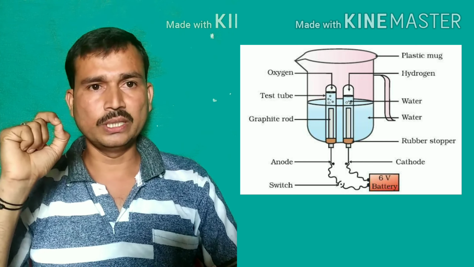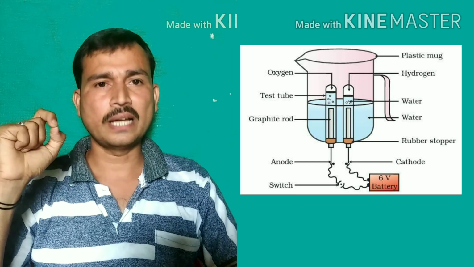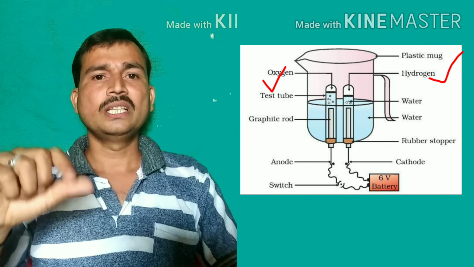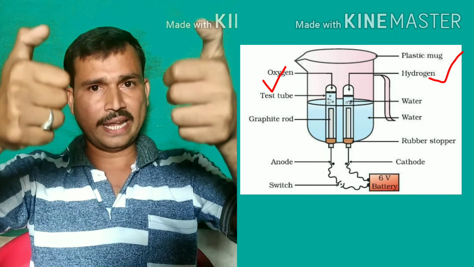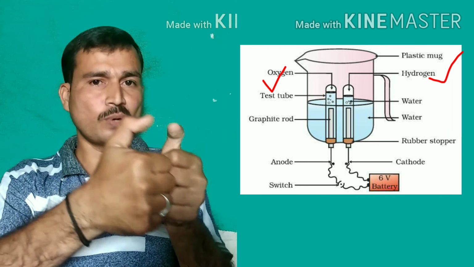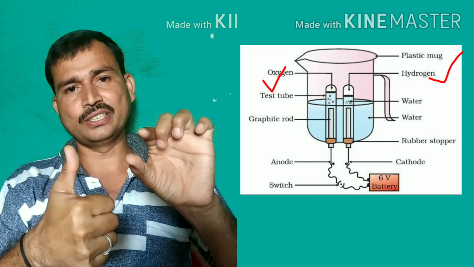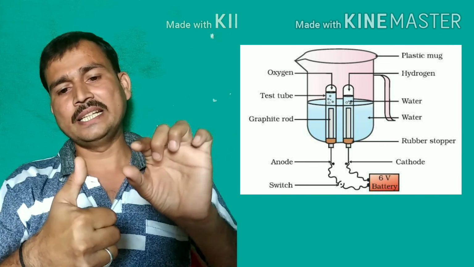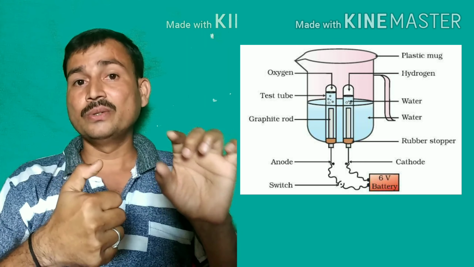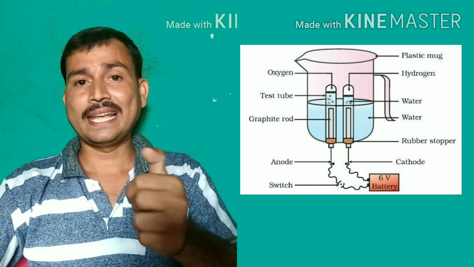You will observe, students, small bubbles form at the tip of the carbon electrodes. Then afterwards, when gas is stored, carefully take the gas by closing the mouth of the test tube and bring it towards a candle, hold it like this and test the gas. The first one, which is released 2 times in the test tube, is hydrogen, which is a best combustible gas. It makes a pop sound with a candle.